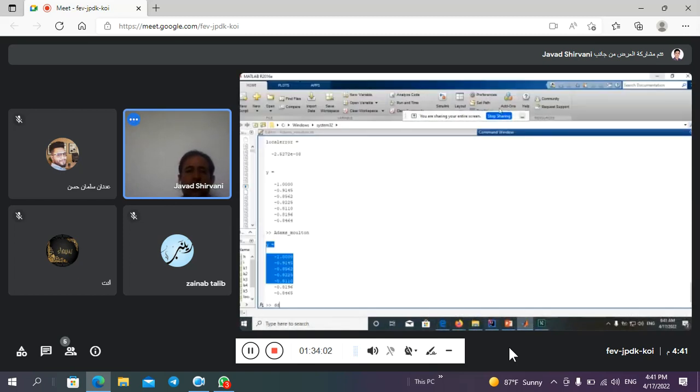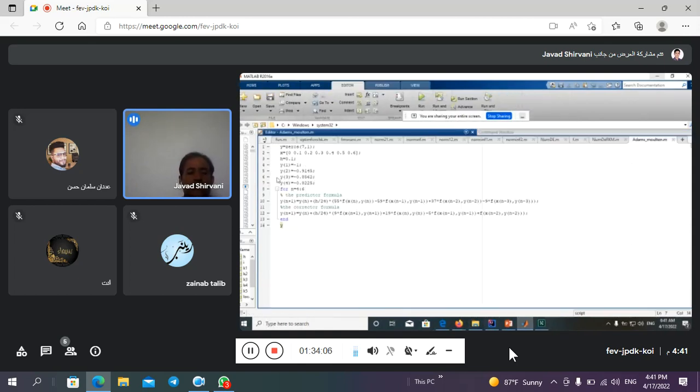You can see the whole code here. This is the initial points, and we have a for loop and the predictor formula, the corrector, and that's it.